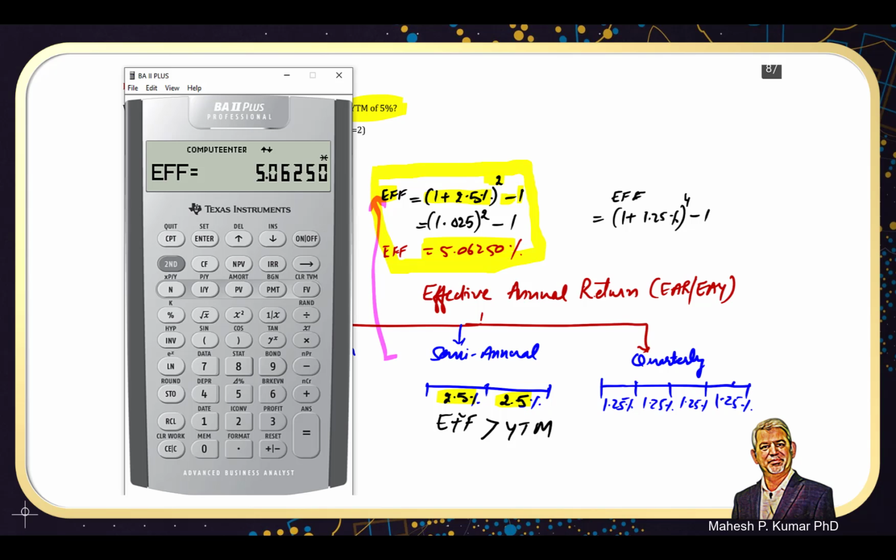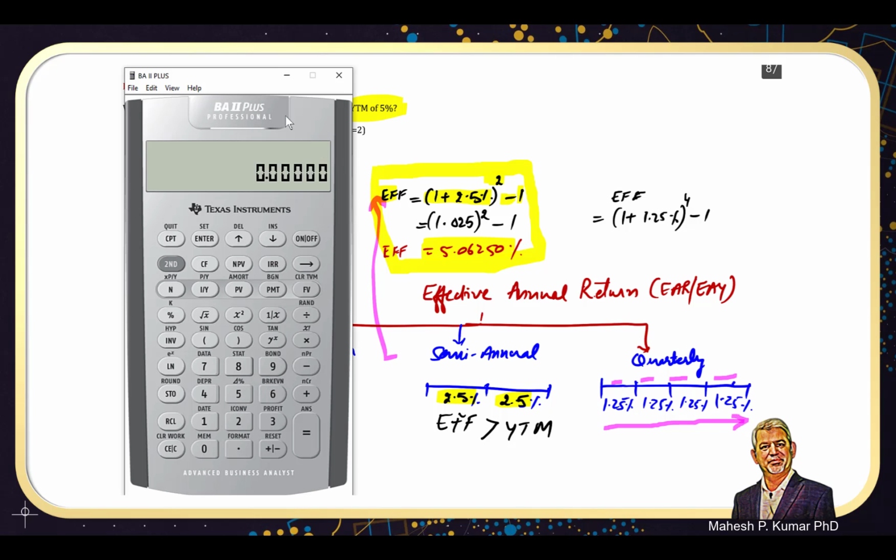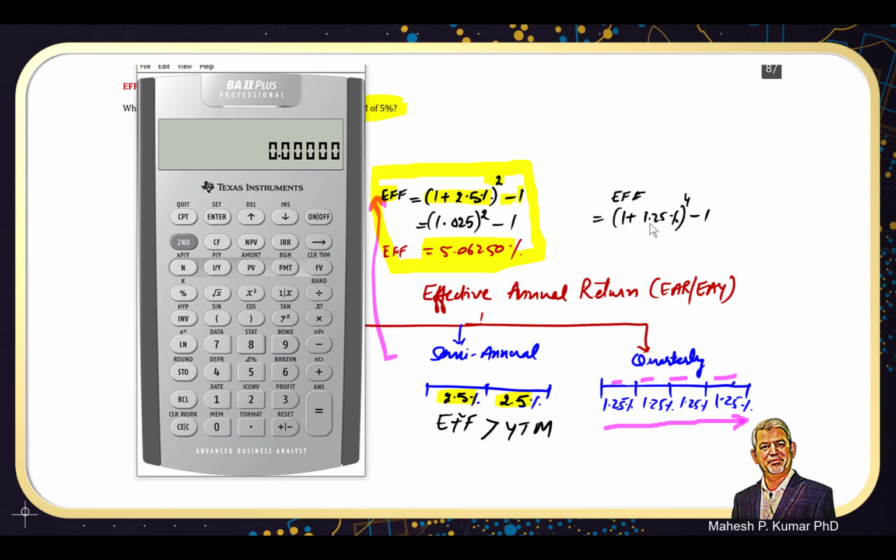The same way you can do the calculations for quarterly numbers as well. Okay, let us try these calculations for quarterly compounding this time. So here our formula is 1 plus 1.25%, exponent 4, right? Because there are 4 quarters in a year, and this 5 is divided into 4 quarters, so it comes out to be 1.25%. So this number is 1 plus 1.25%, which gives us 1.0125, exponent 4.